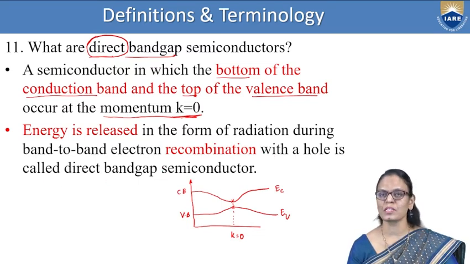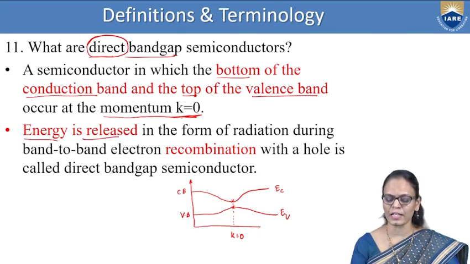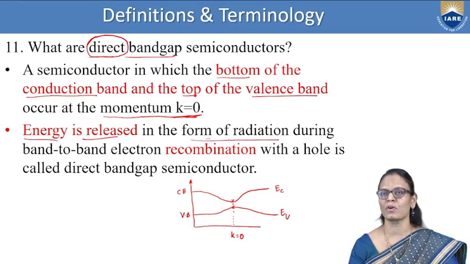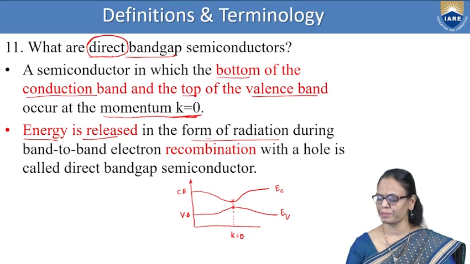The electron can very easily recombine with the hole in the valence band. Whenever there is a recombination, energy is emitted, that is, a photon is emitted. So energy is released in the form of radiation or photons. This is what we call a direct band gap.